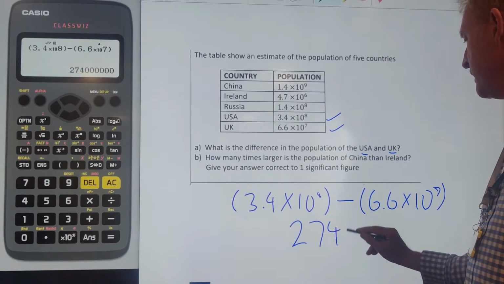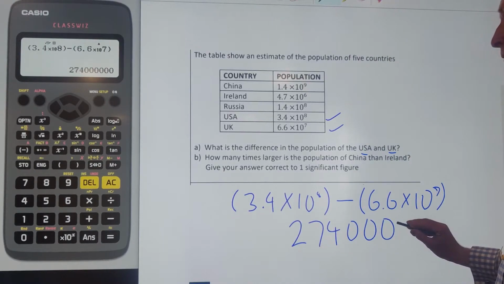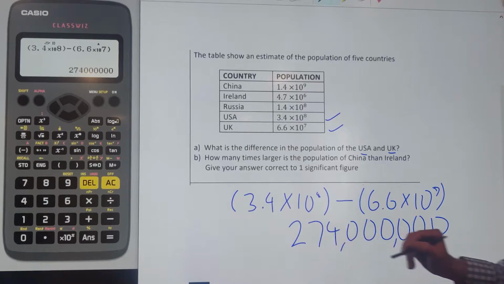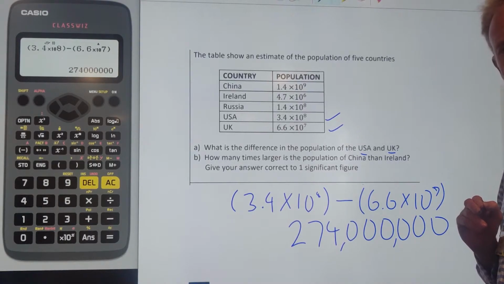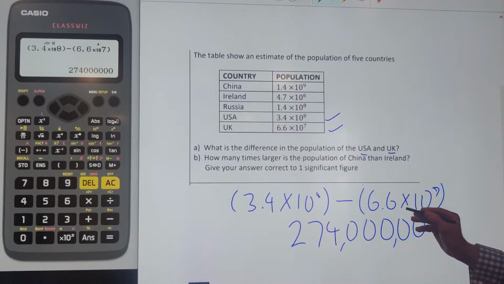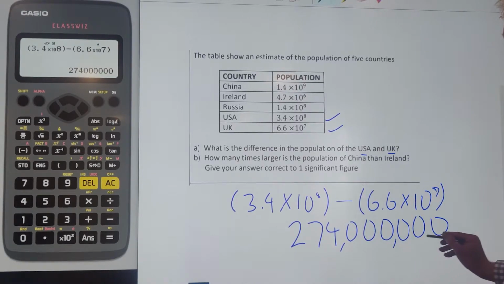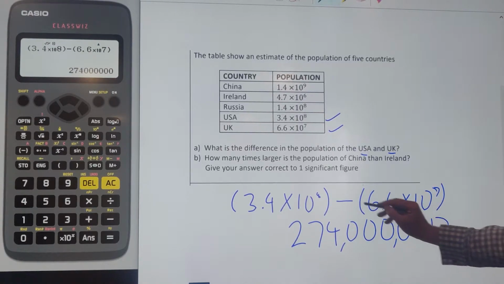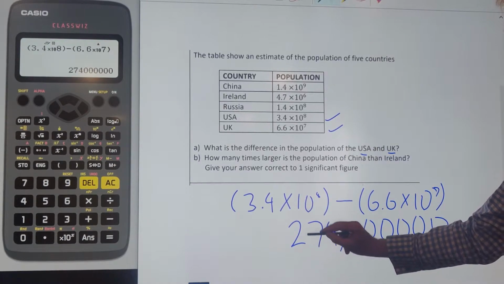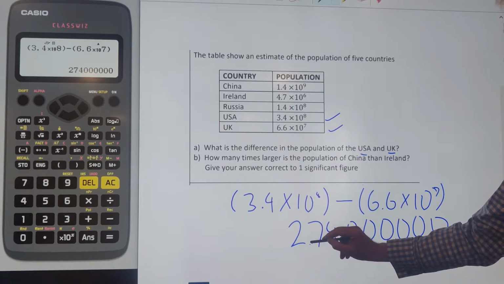If I write the digits down first. So that's giving us the answer of 274 million. Okay? So if we look at that and we want to make that into standard form, we just have to count back to where we want one number in front of our decimal. We only want one number in front of our decimal.